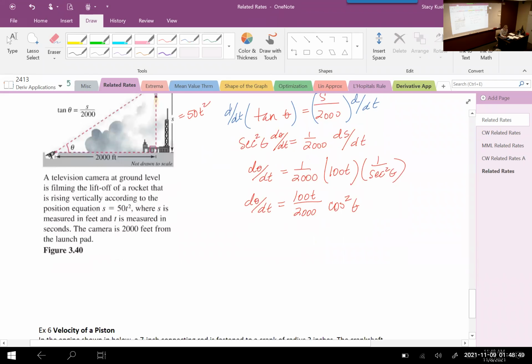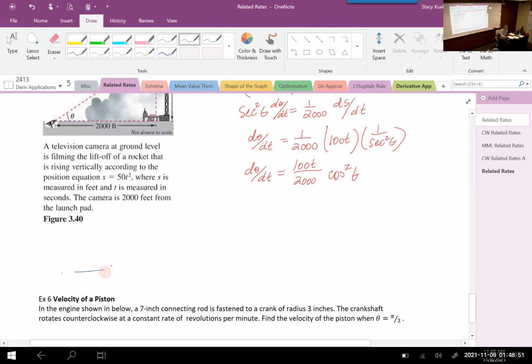Okay, so let's think about this down here. If I have a triangle who has a side of 2000 and another side of 50t, how can I rewrite this hypotenuse in terms of the sides?